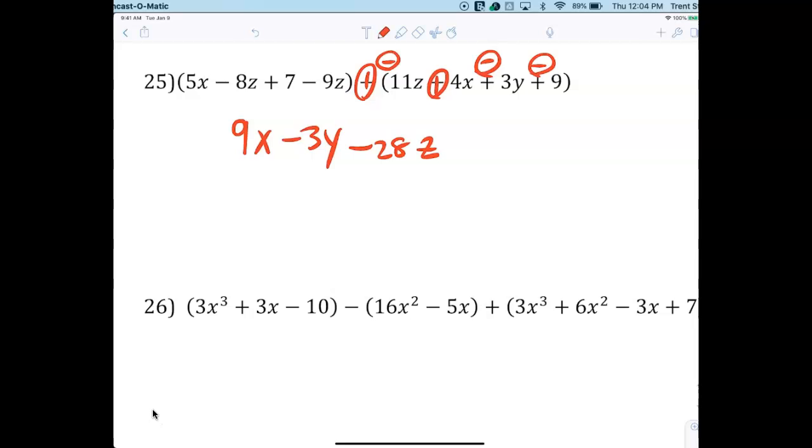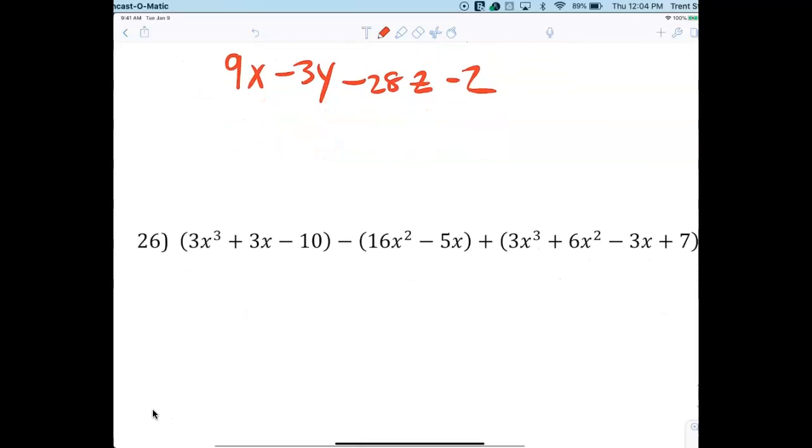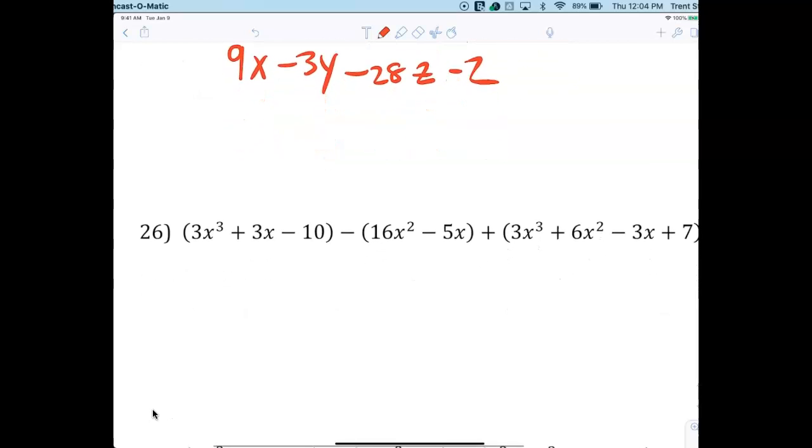No, we did the 28z. 7 minus 9 equals negative. Wow. Okay. I know my math. Could have been worse, I guess.